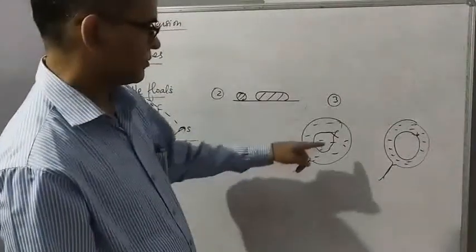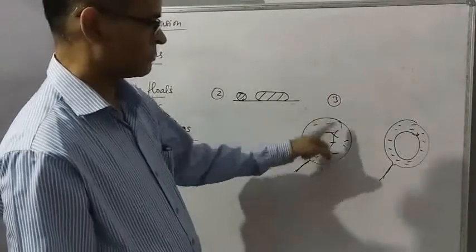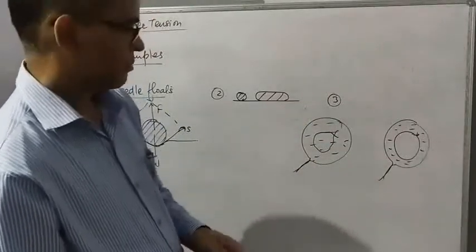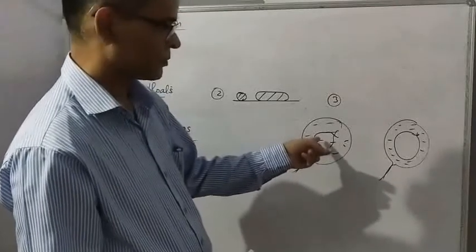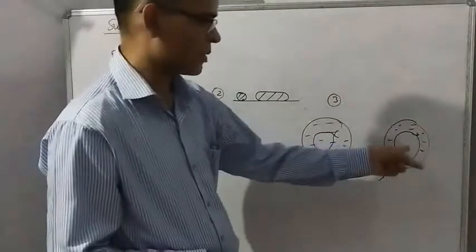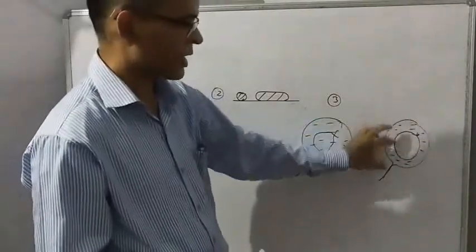You will see the thread loop looks random and irregular. But if the film inside the thread loop is broken with the help of a needle, it is seen to be perfectly circular.